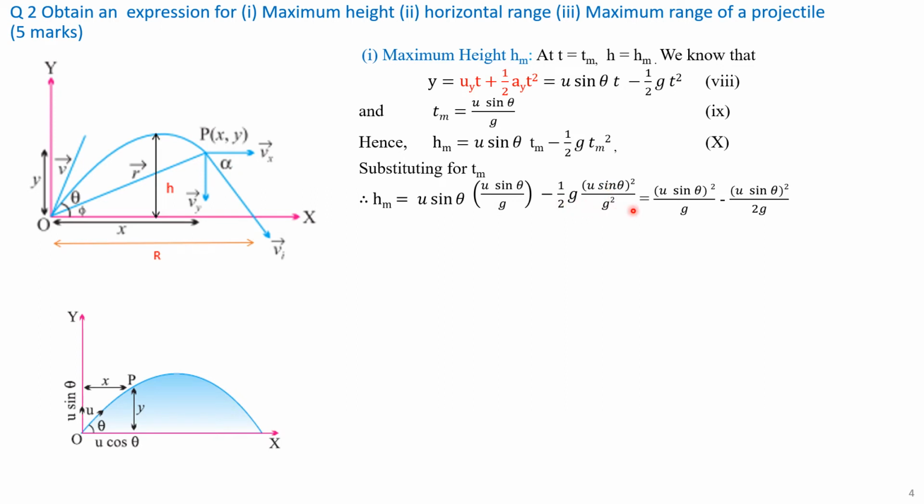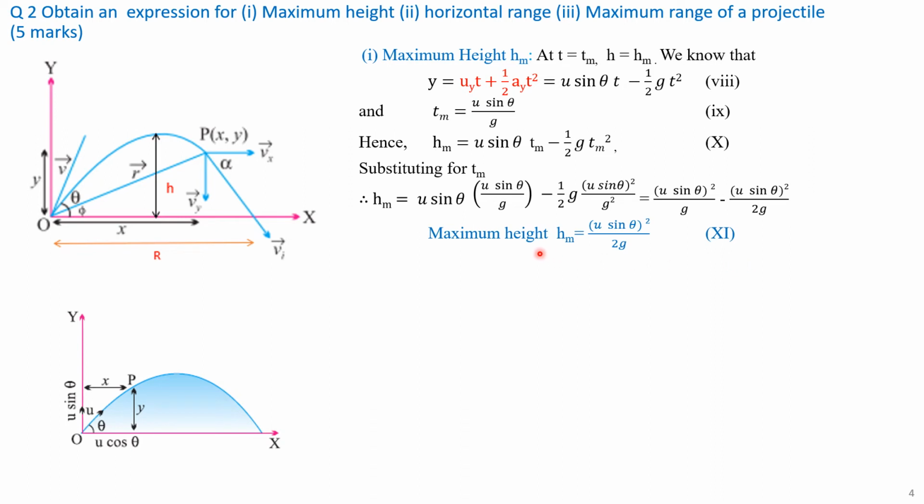That is u square sin square theta by g minus u sin theta whole square by 2g.